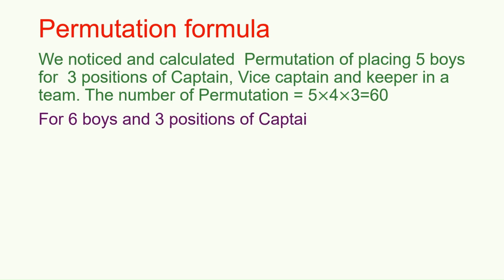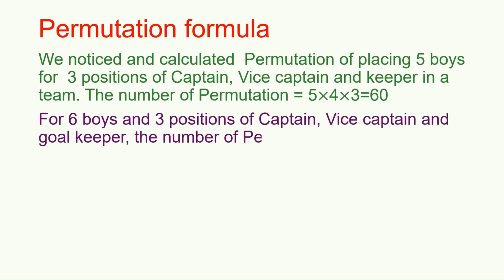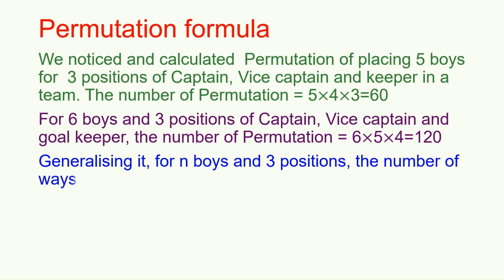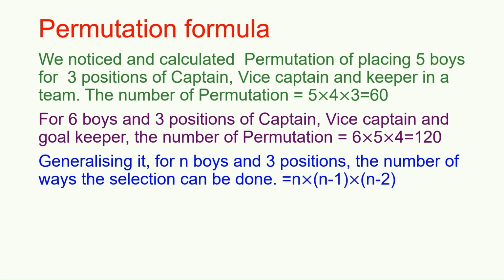For 6 boys and 3 positions of captain, vice-captain and goalkeeper, the number of permutations is equal to 6 times 5 times 4 equals 120. Generalizing it, for n boys and 3 positions, the number of ways the selection can be done equals n times n minus 1 times n minus 2.